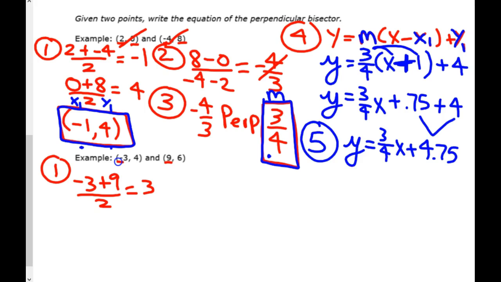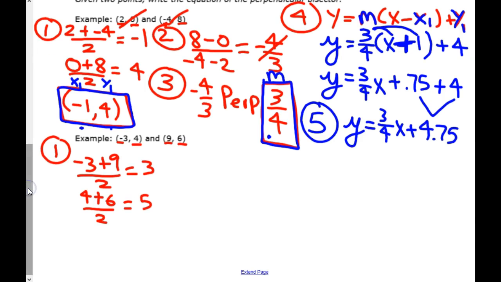Okay? Now, what are my y values? 4 and 6. Add those up. 10 divided by 2 is 5. So what's the midpoint? 3, 5. So everyone's able to get a midpoint.